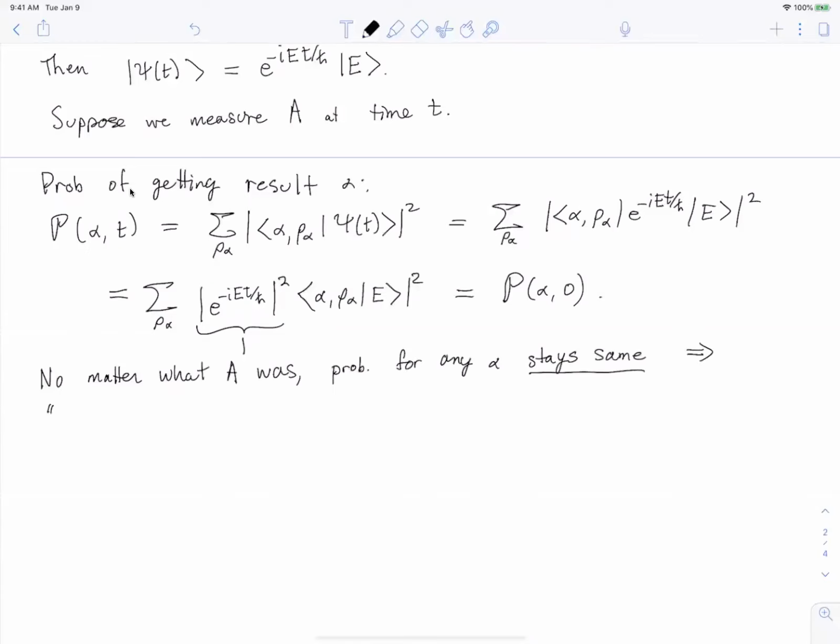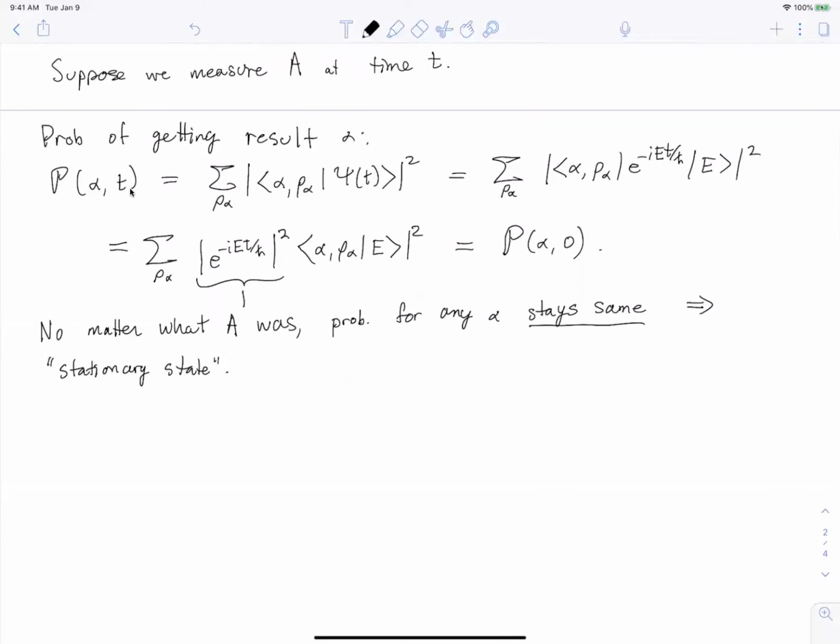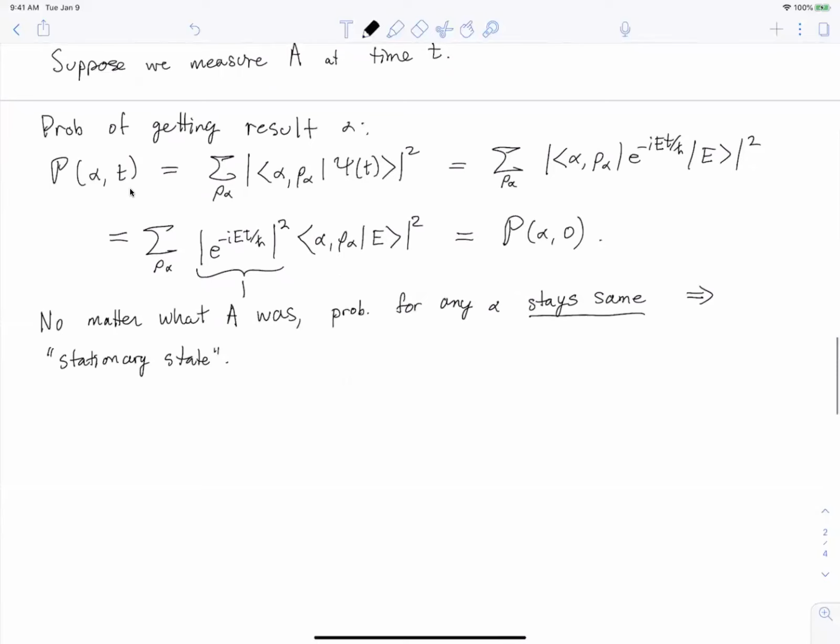That's the reason for the terminology. So in some sense, if you're in a stationary state, nothing really happens. Every observable that you measure, the probability of getting any particular result that you might have gotten just stays the same as time goes forward. And so in that sense, there's no way that you can tell the difference between the state at time t equals 0 and some later time.